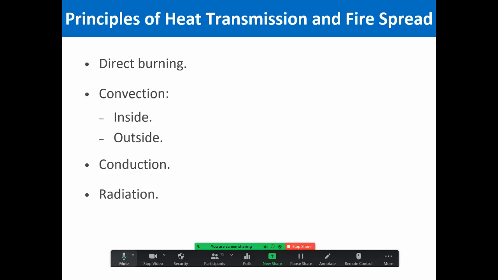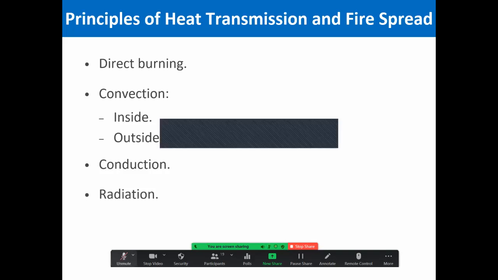Next is conduction. Conduction is basically the flow of heat through solids. So when a fire transmits from solid to solid, it is called conduction. And then there is radiation.